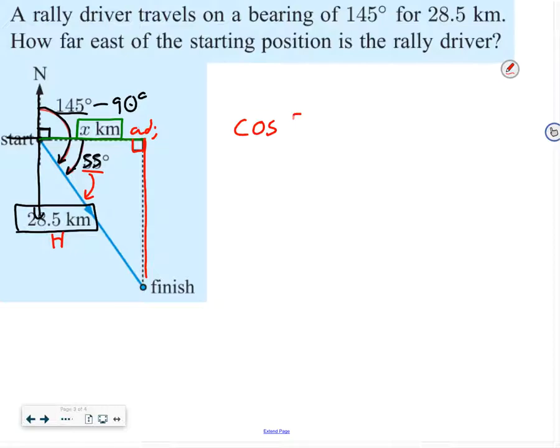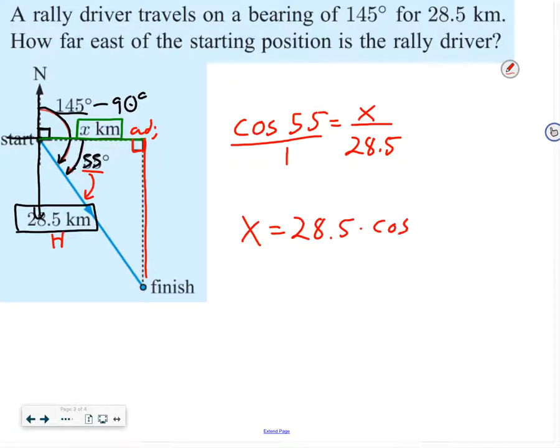And cosine of my angle of 55 degrees is equal to a ratio of sides, which is going to be x over 28.5 kilometers. Put this over 1 and I cross multiply, and I see that x is equal to 28.5 times the cosine of 55 degrees.